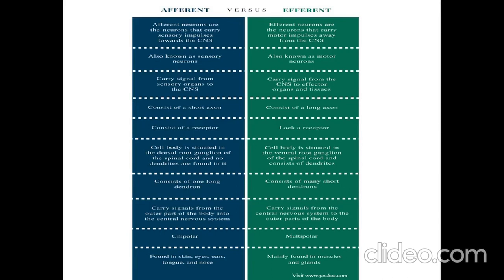In afferent, the cell body is situated in the dorsal root ganglion of the spinal cord and no dendrites are found in it. And in efferent, the cell body is situated in the ventral root ganglion of the spinal cord and consists of dendrites. Afferent neurons carry the signal from the outer part of the body into the central nervous system, and efferent carry the signal from the central nervous system to the outer part of the body.